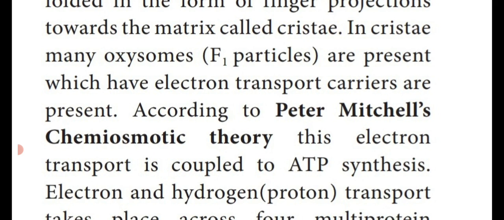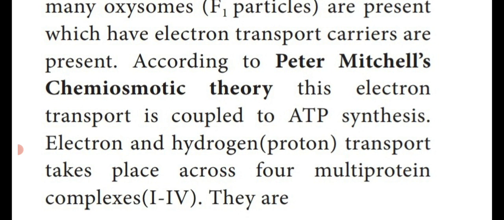According to Peter Mitchell's chemiosmotic theory, the electrons are transported in a coupled form, not singly, to produce ATP synthesis. Electrons and protons, that means hydrogen, are transported through different stages of the electron transport carriers, and they produce different ATP molecules.